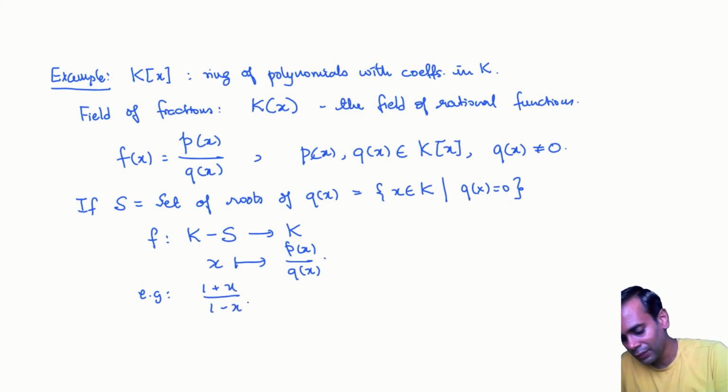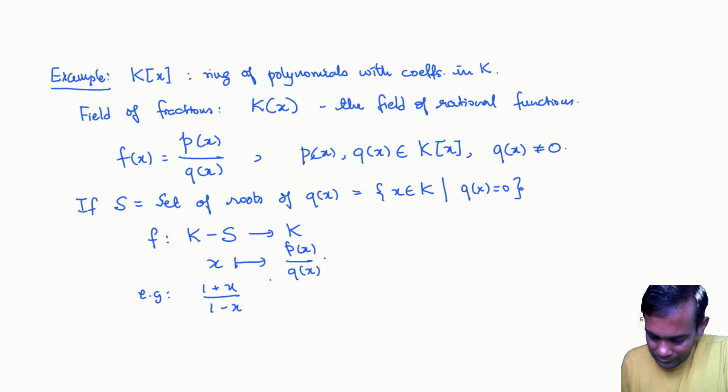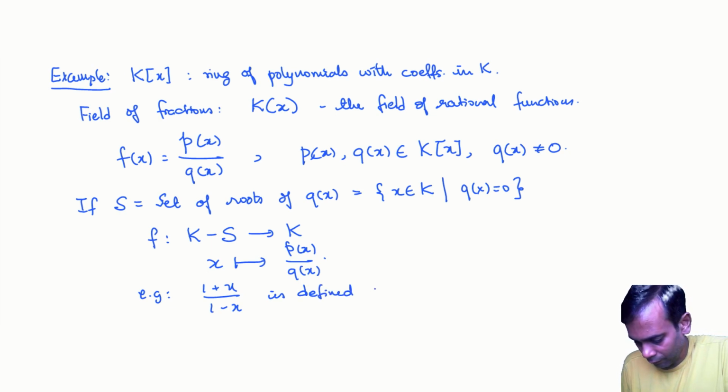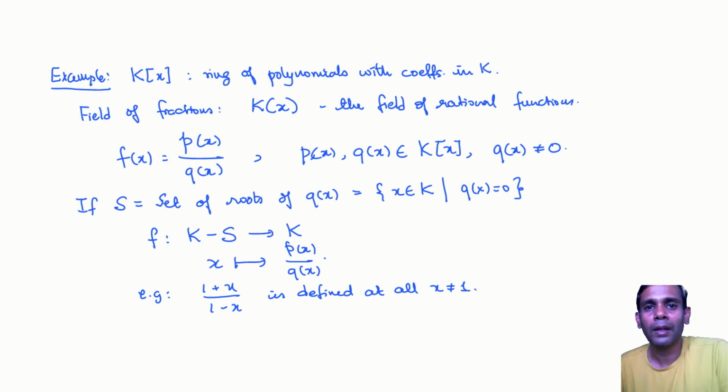This is a rational function and it's defined at all values of x in the field except for x equals 1. Okay, so this is one very useful example of a field that comes from this construction.